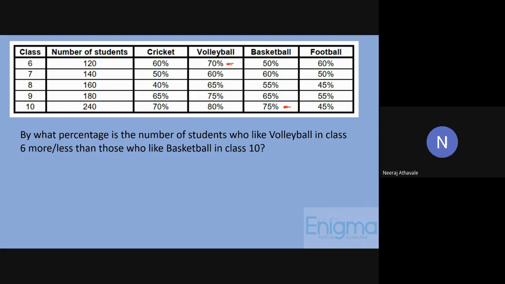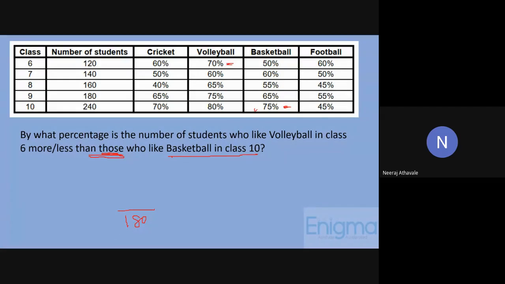I'm getting 43 by 60 into 100. Always remember, that's why we are taking this topic: "than those". So compare with what? With basketball in class 10. Whatever comes after "than those", we compare with that, and that value becomes your denominator. So what is basketball in class 10? That is 180, correct.